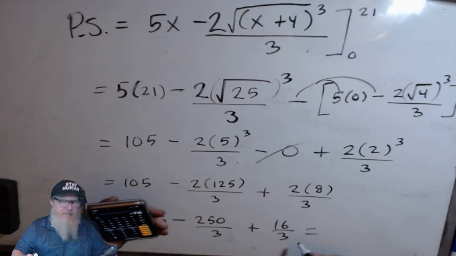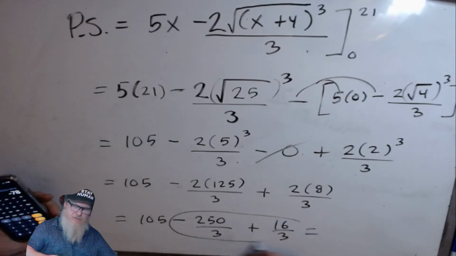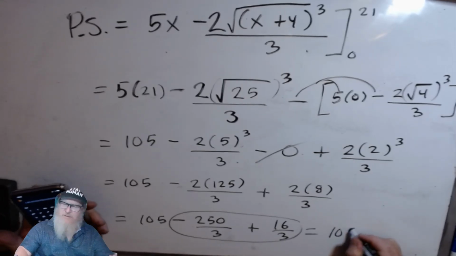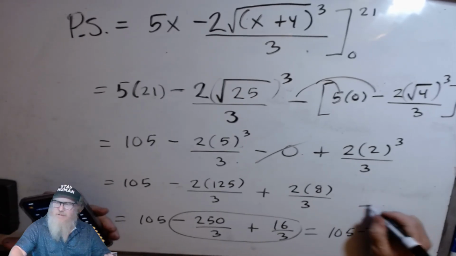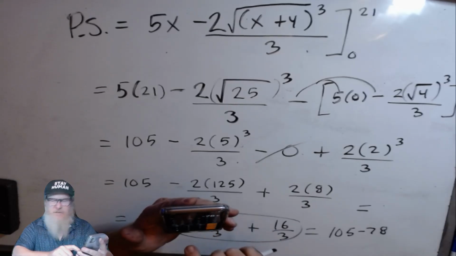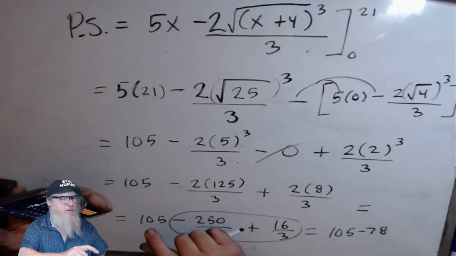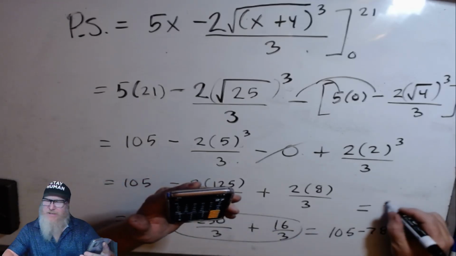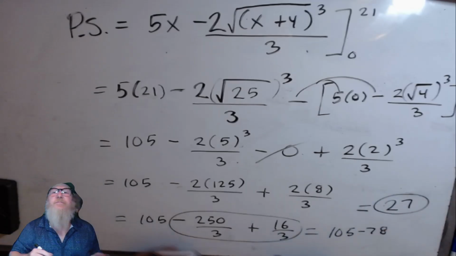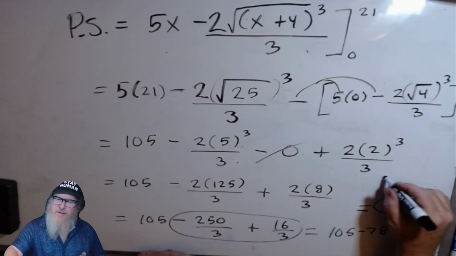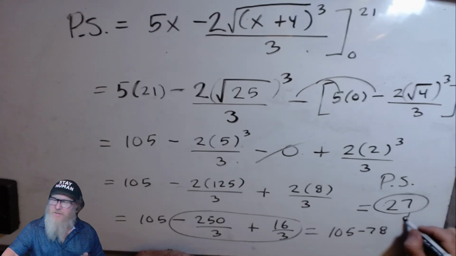So that's negative $78 for my final answer. $27. That's my producer's surplus.